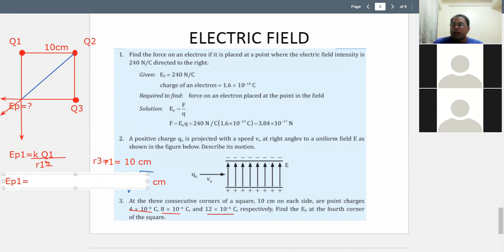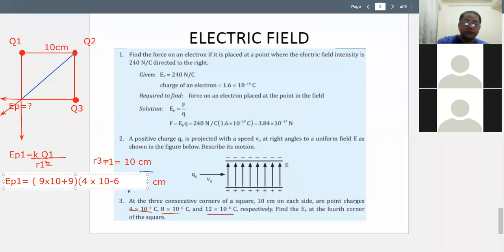E sub p number 1, please calculate. So again, what is k? That's 9 times 10 to the 9. Then you multiply that with q sub 1, which is 4 times 10 to the minus 6.